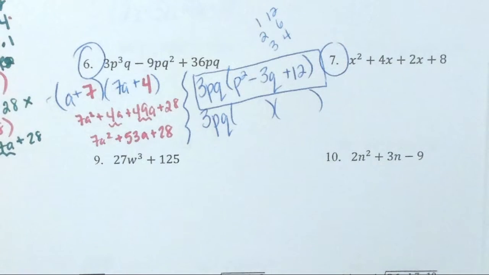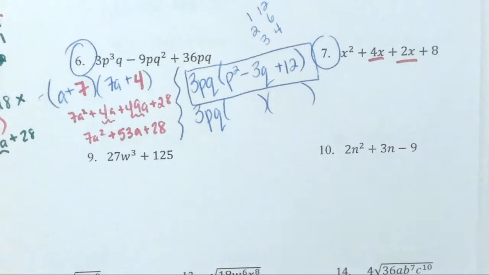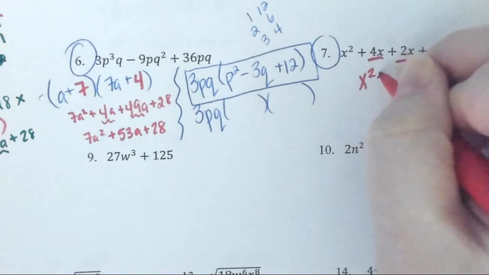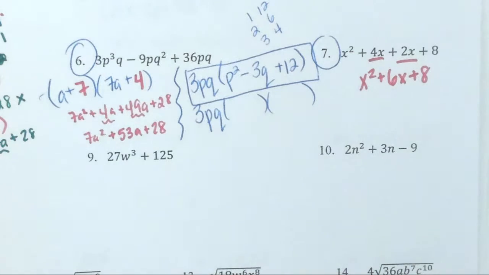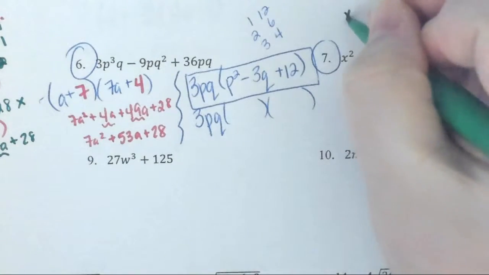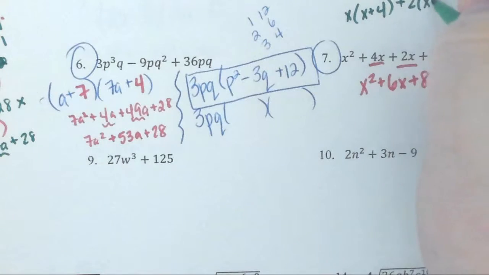Say what now, Mackenzie? Why don't we combine these two like terms, and 4 gets a point? So we would have x squared plus 6x plus 8. Literally, I mean, I'm with you. I was trying to make this, and you would end up with the same answer, I'm betting. So you did x plus 4, plus 2, x plus 4.